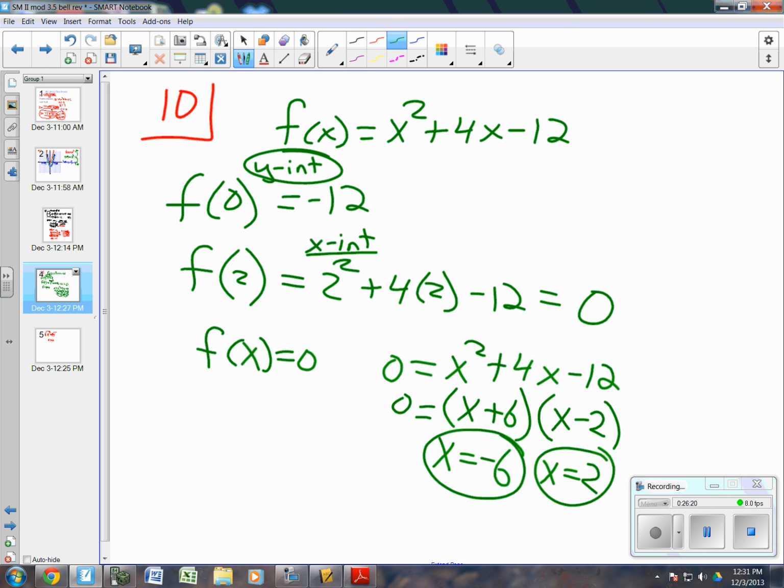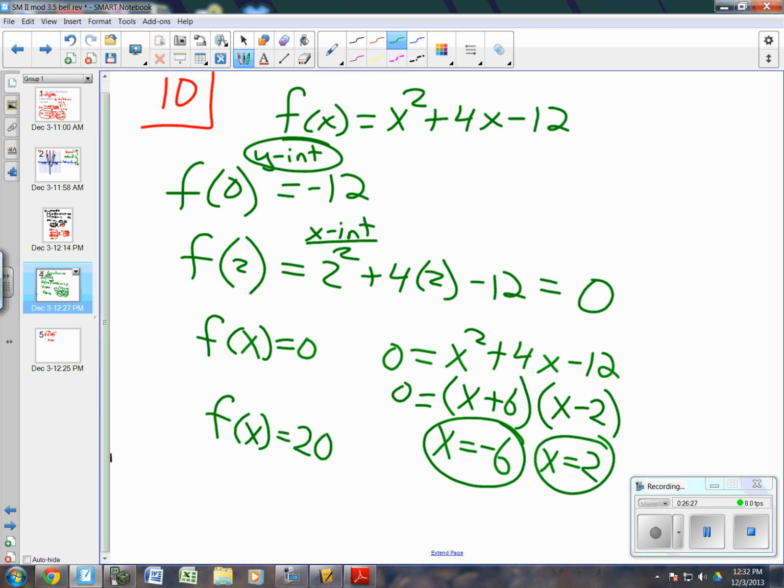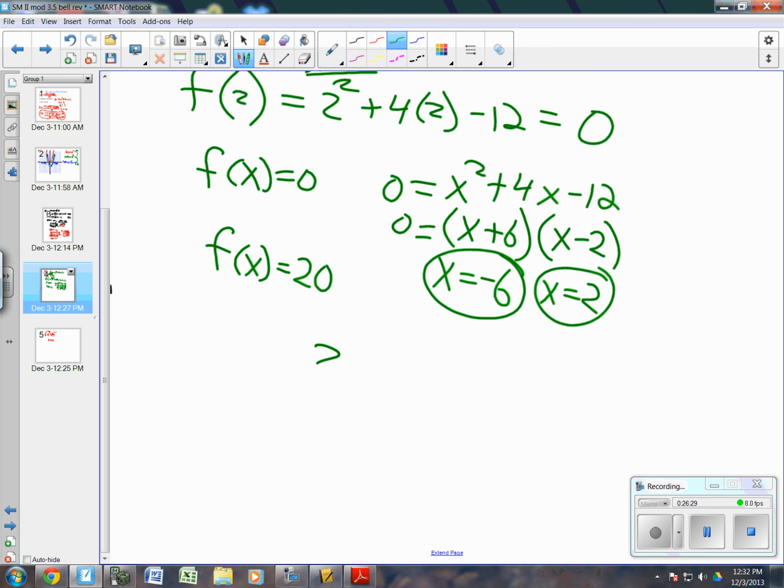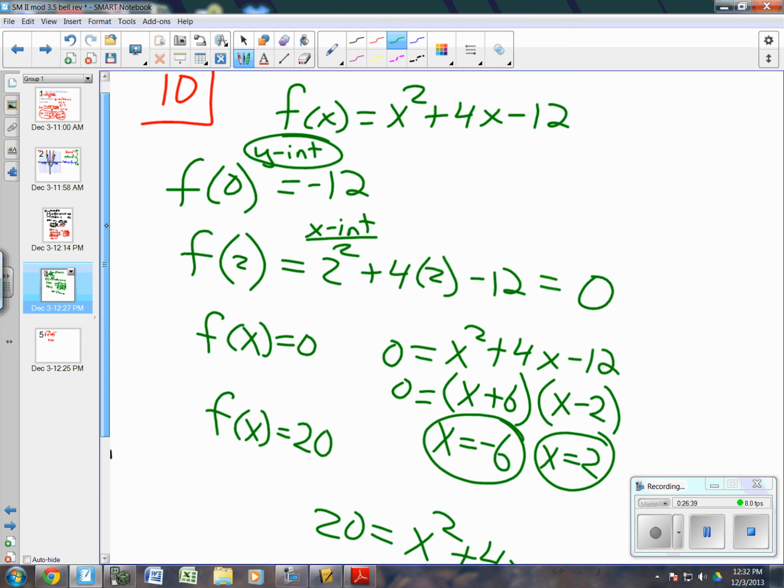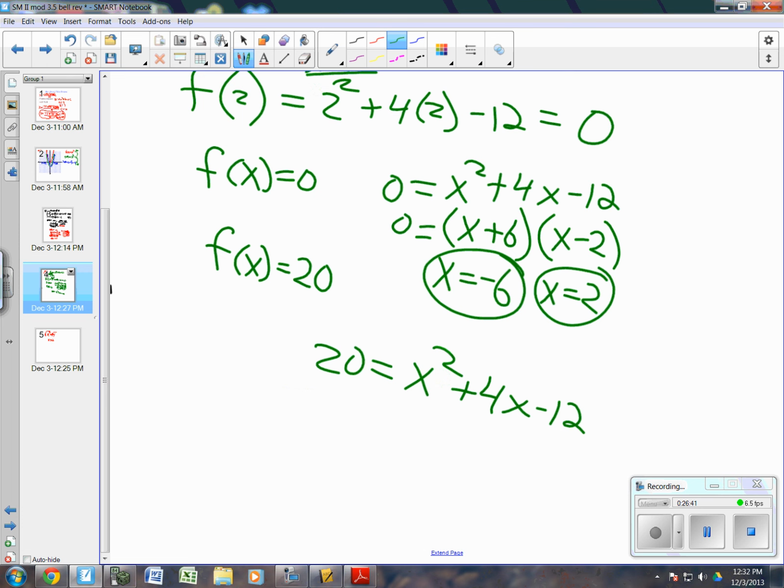Your last one, f of x equals 20. No, you got to put 20 equals x squared plus 4x minus 12. Is that what the equation was? Because this is not 0 this time. You can't do it by factoring.